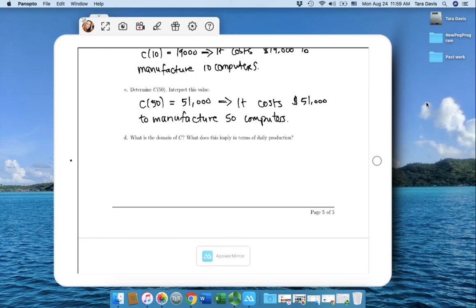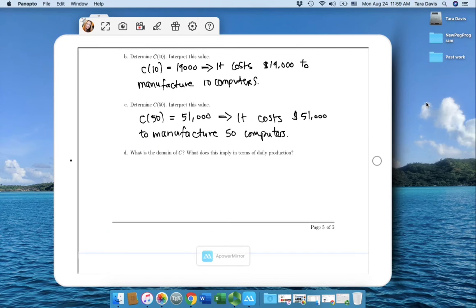Right, and so it's kind of interesting if you think about it, like how many computers should I manufacture if I run this company? These are the types of management decisions that you would have to make based on this type of graphical information, yeah? Okay, and then the last question is part D, which asks us, what's the domain of C?